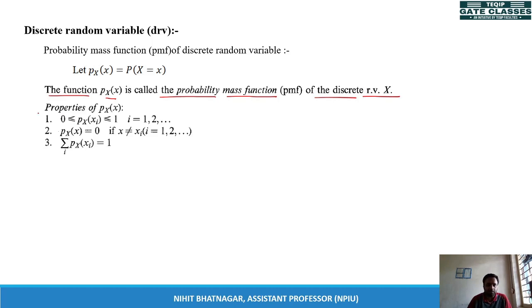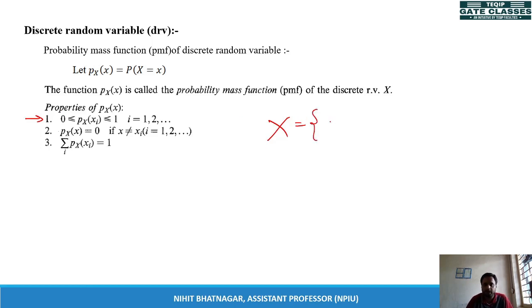These are certain properties of the PMF of a discrete random variable. I will write three properties. I am going to take a numerical example to elaborate the first property.